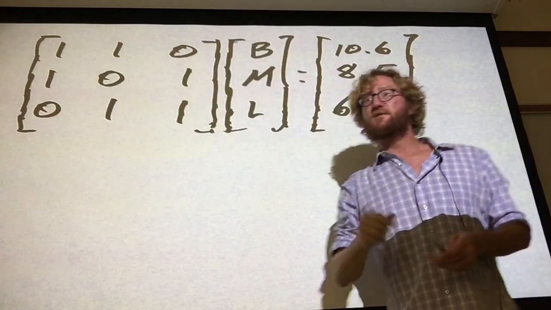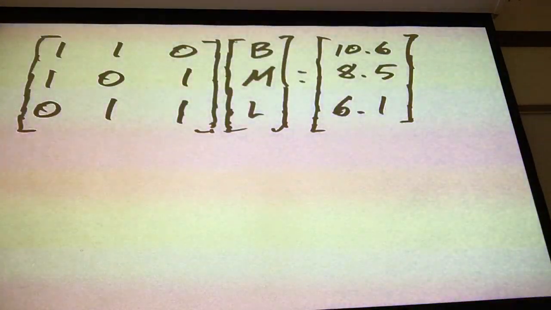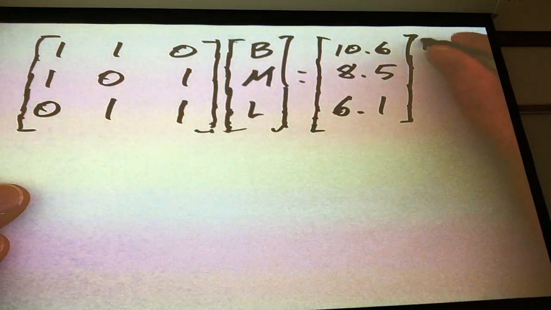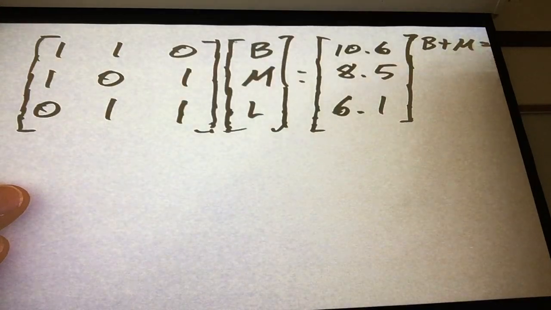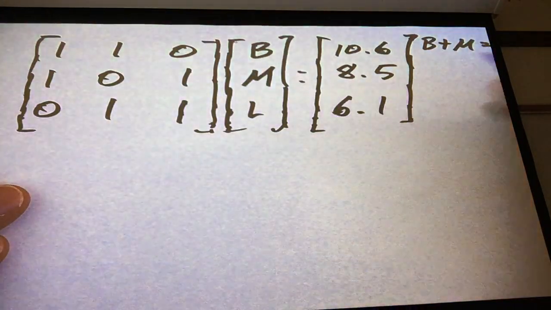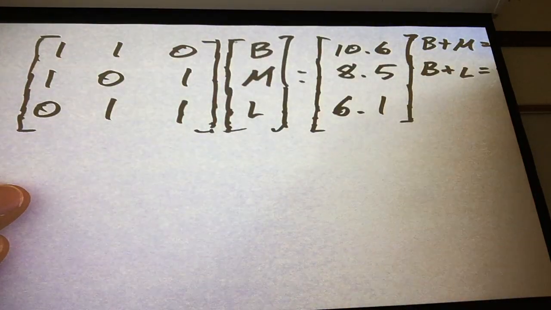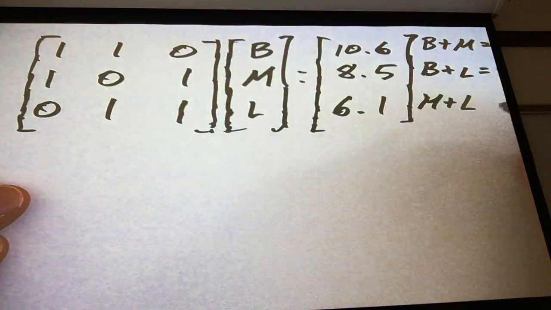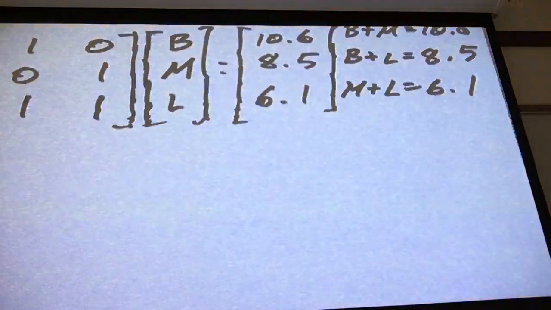So this top one literally translates to big plus medium equals 10.6. This is big plus little equals 8.5. And this one translates to medium plus little equals 6.1.